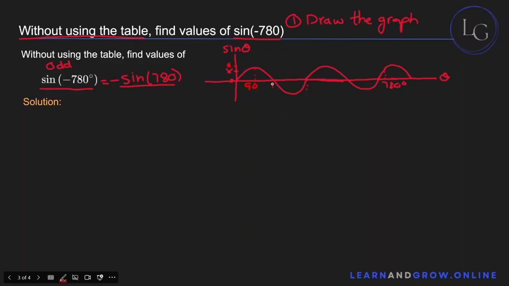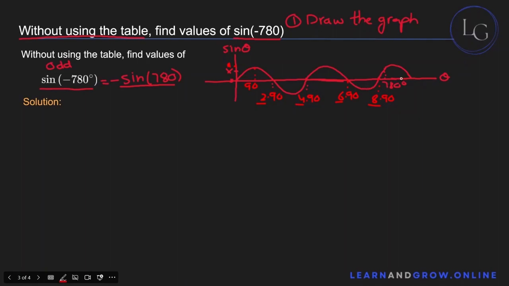So at 2 times 90, it is equal to 0. Again, at 4 times 90 degrees, it's also equal to 0. At 6 times 90 degrees, it's again 0. At 8 times 90 degrees, it's again 0. So you can see the relation here. At every single even multiple of 90 degrees, the value of the function is 0, right?